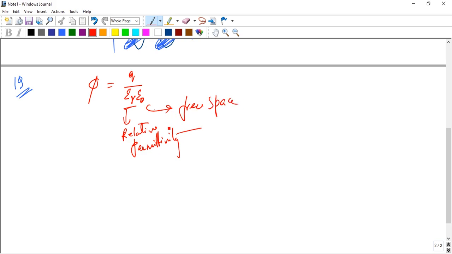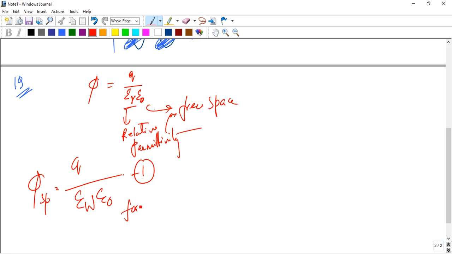In the case of the sphere, the flux is Q over epsilon W times epsilon naught, where W stands for water. That's equation number 1. And for the cube, phi of cube is equal to 2Q by epsilon naught. That's equation number 2.